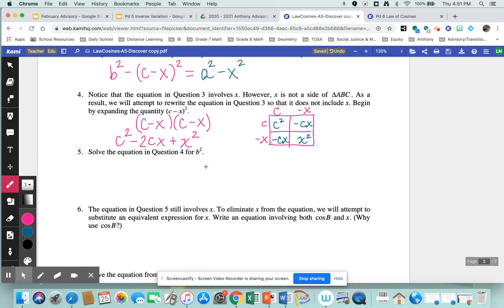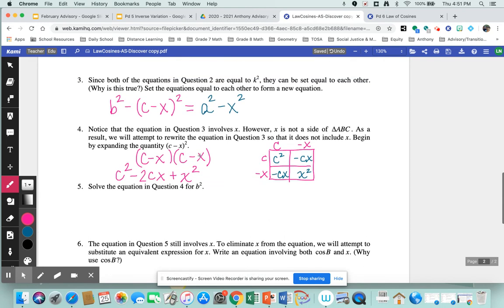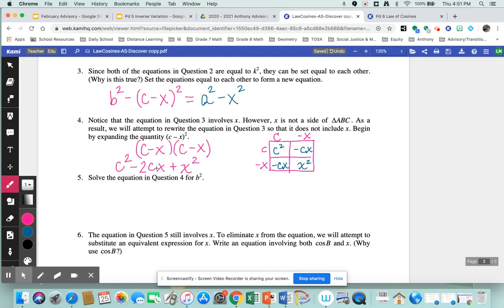Number 5, let's make sure we did everything there. Step 5 says solve the equation in question 4 for b squared. So we did not substitute that back in, so let's rewrite that with the expansion.